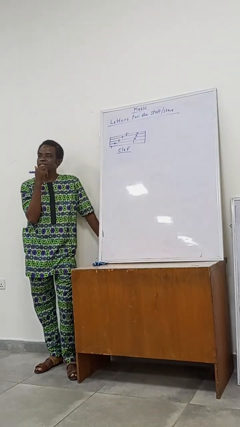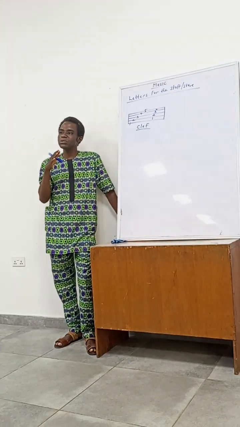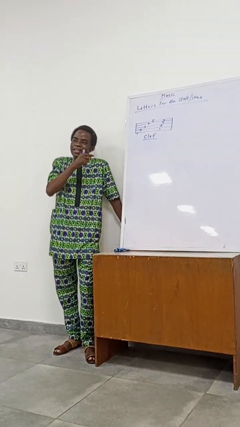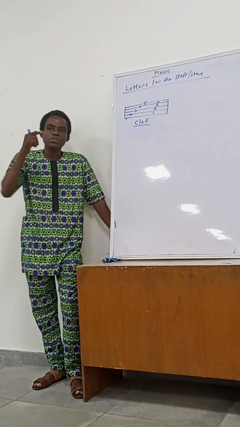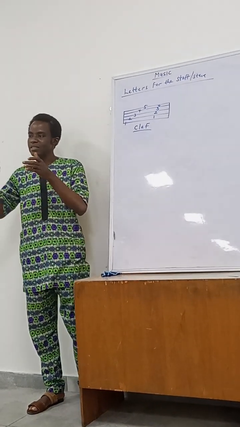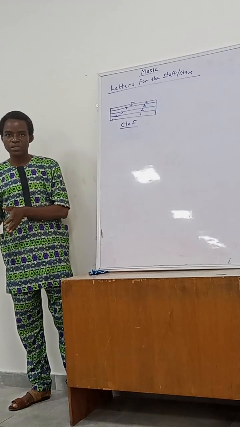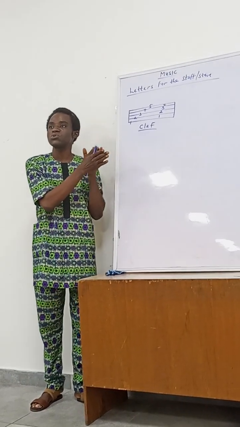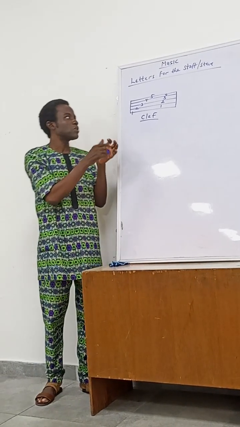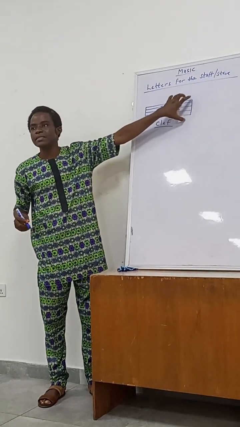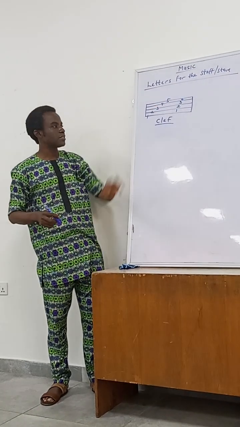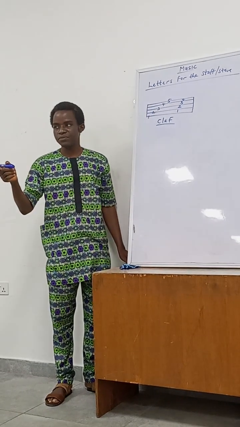I'm going to look at clef here briefly, because we are still going to look at clef as a major topic, but I'm introducing it here so that I can explain the letters on the lines and the spaces. Now, what is clef?